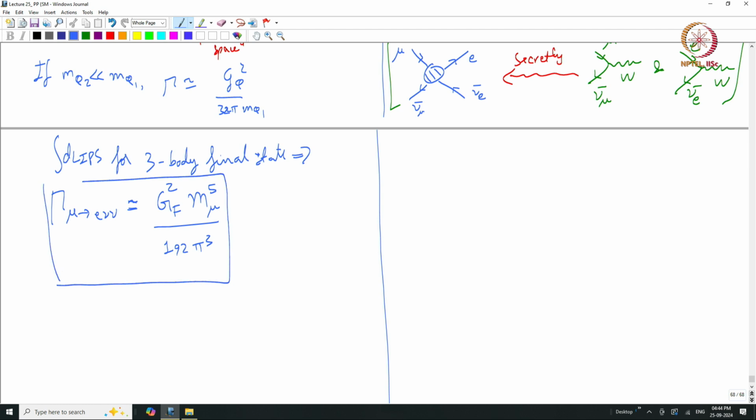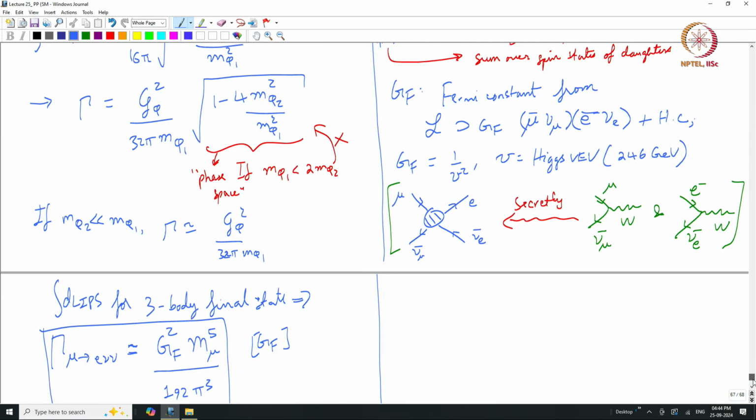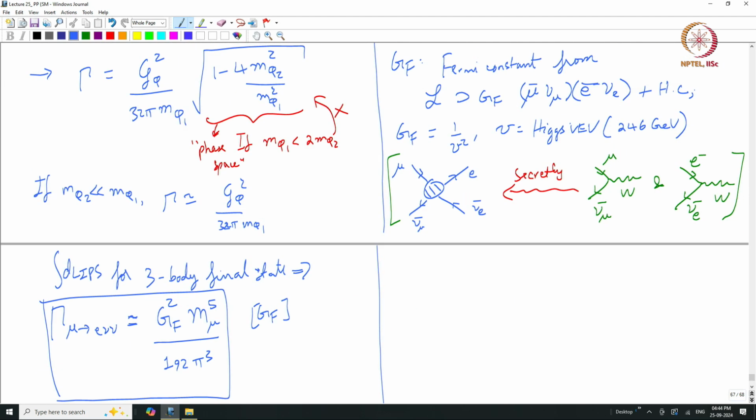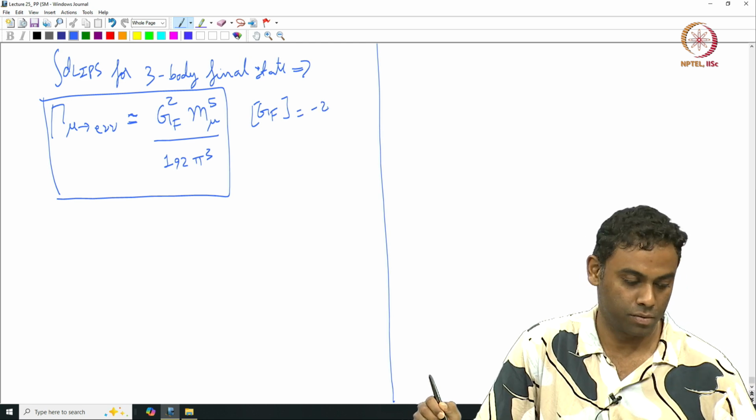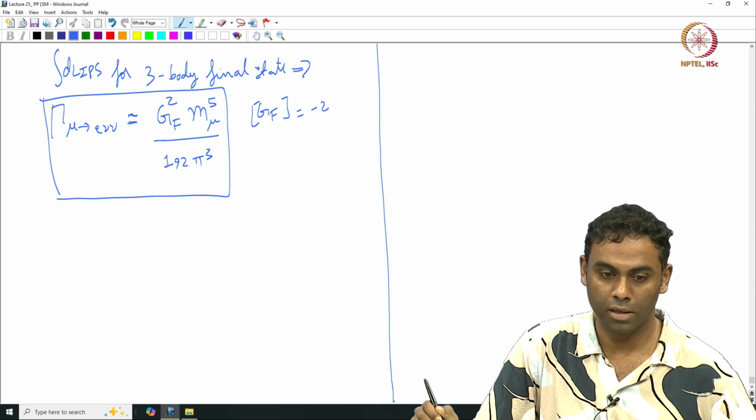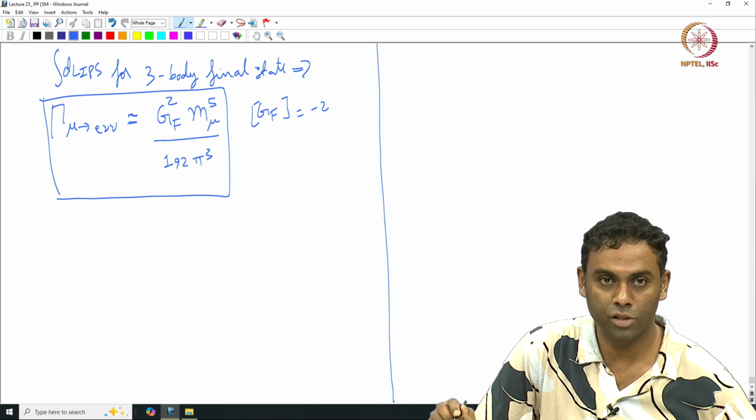Why does this make sense? Because what is the unit of G_F? We just saw I wrote it as 1 over v squared. Also it is the coupling in front of a dimension 6 operator. They are all the same thing. So the units of that is minus 2. But what is the unit of a decay rate?